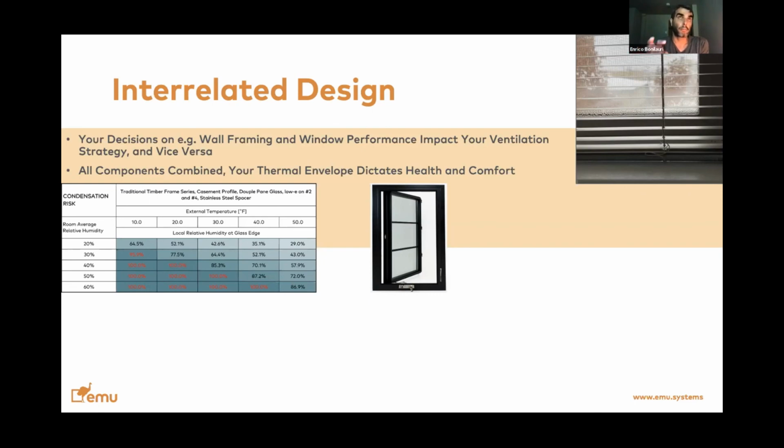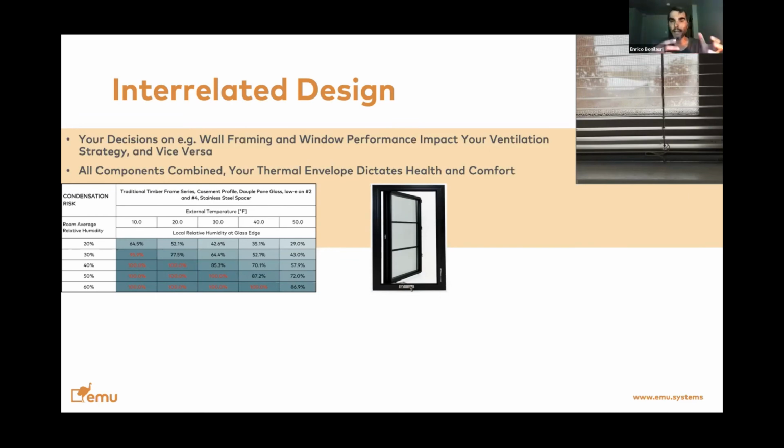But because of its poor quality, depending on a combination of external temperature, represented by the columns on the table, and the internal relative humidity, that is the rows, you can very easily have condensation. Whenever you see the red font on the table, that is condensation. So it's a lot of time of the year.